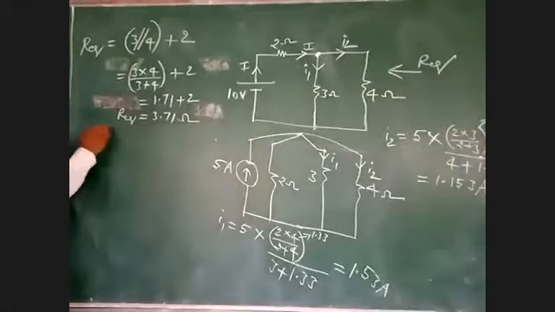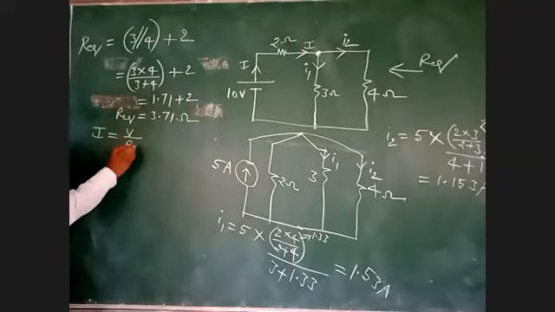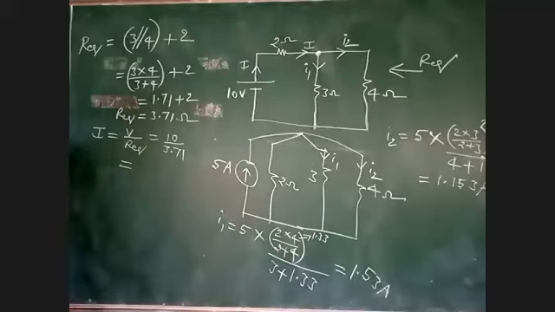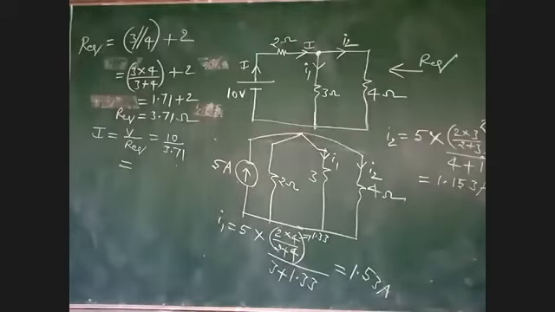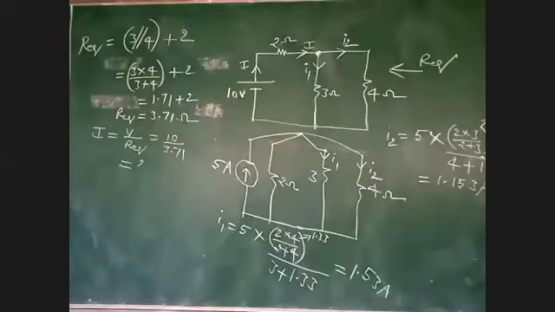Now I want the total current. What is the total current? I is the total current: total voltage by total resistance. Tell me. 2.69 ampere.